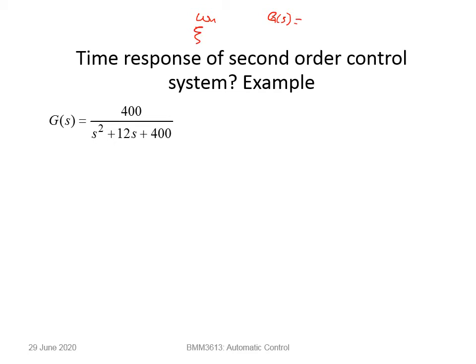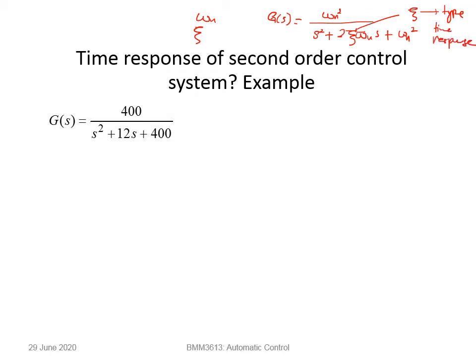If you remember from the previous slide, it is omega n square, so the natural frequency squared, divided by s square plus 2 zeta omega n s, so zeta, the damping ratio, multiplied by the natural frequency, times s, plus omega n square. It needs to be written in this form so that we can identify zeta. If we can identify zeta, then we can identify the type of time response of that system.